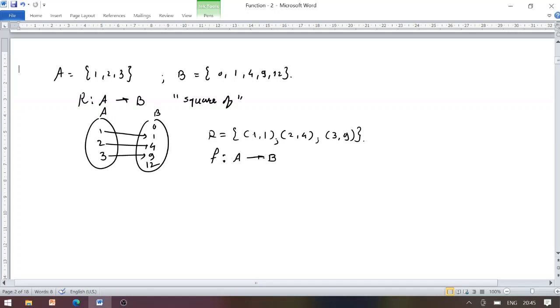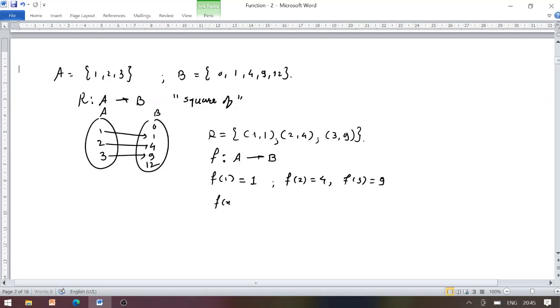So we can write f of 1 is 1, while f of 2 becomes 4 because 2 is related to 4 here, and similarly f of 3 becomes 9 because 3 is related to 9 as per the relation.